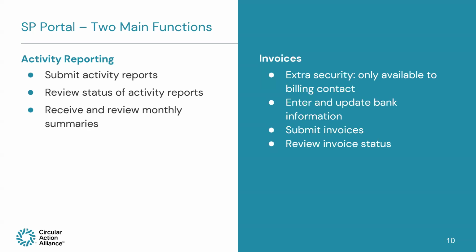And within this portion of the portal, you'll be able to submit the invoice, review the status, and you can also enter and update any banking information. Obviously, extra security here because this is such a critical part. We do not want to be sending money to the wrong organization or to the wrong bank account, and so there will be extra security for that portion of the portal. Next slide.